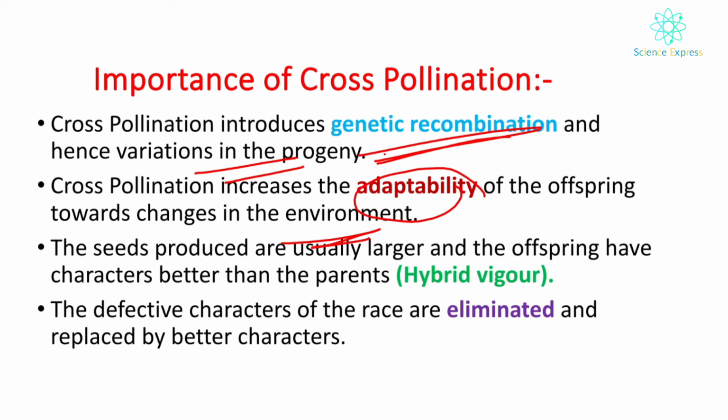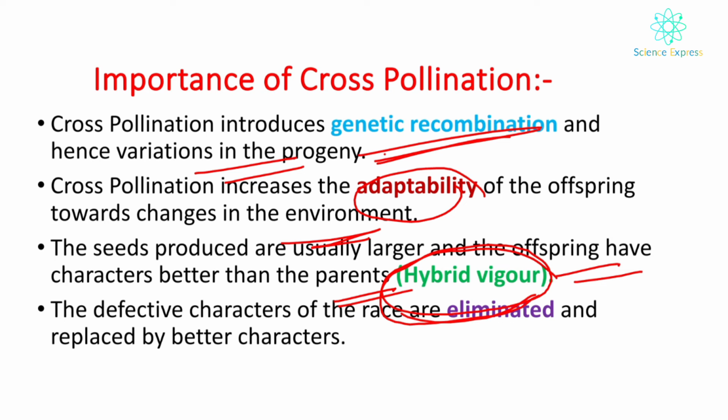The seeds produced are usually larger and offspring have characters better than the parents, that is called hybrid vigor. It is a technical term, we say hybrid vigor when the offspring character is better than the parent character. Okay, or they are more active or adapted to the environment.